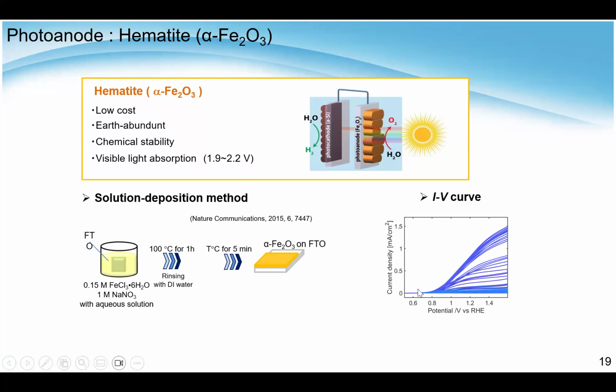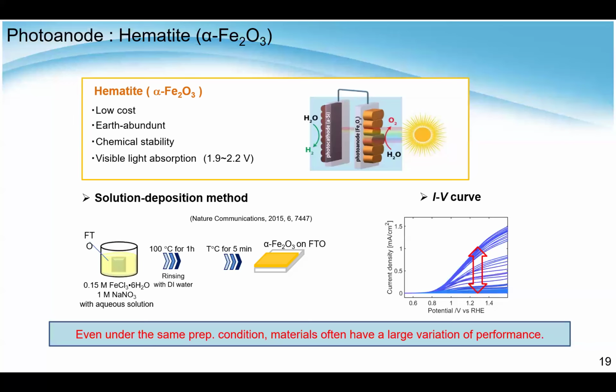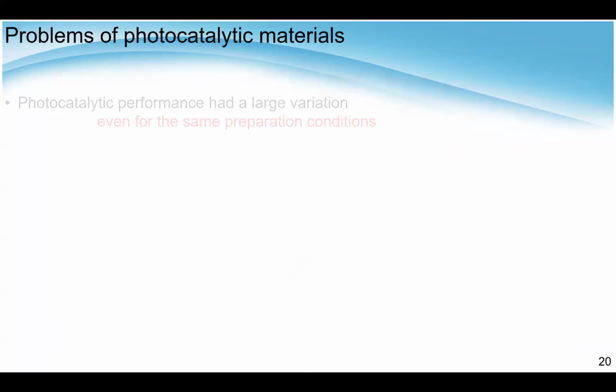When you prepare the sample, usually the IV curve, which corresponds to the photocurrent value when applying the bias potential, the target performance of the photocurrent, varies with a large variation, right? So even under the same experimental condition, materials often have a large variation of performance.